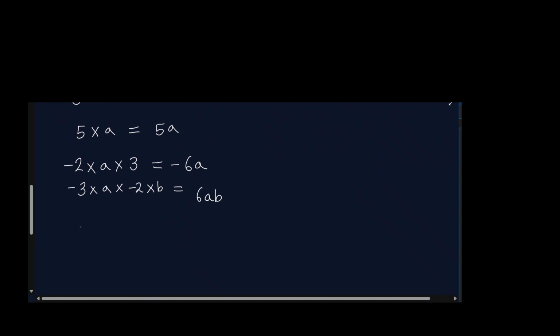Another example, 4a times it by 5c. So sometimes 4a is together and then we multiply by 5c. So this is very similar to previous questions, but this time 4a comes together to start with. So we can multiply numbers together. So 4 times 5, that is 20, and letters follow. So 20ac.